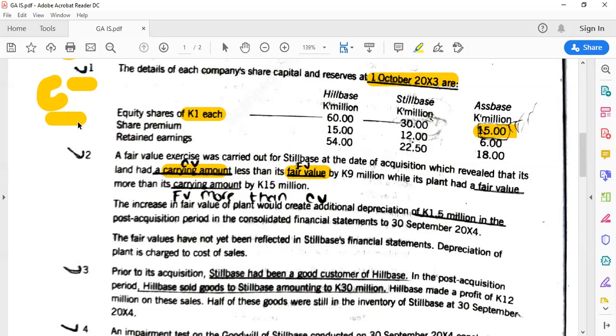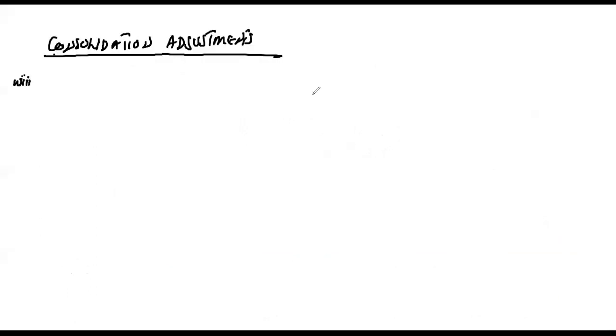Let me give you this example: in your books, your carrying value is equal to 80,000 for this particular item. You go to the market, and the fair value is equal to 60,000. There's a difference here of how much?